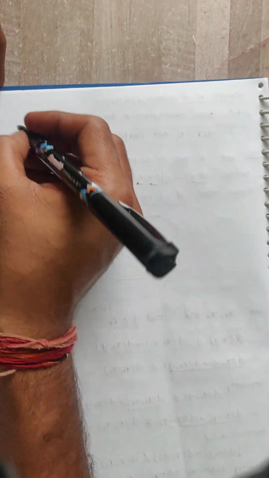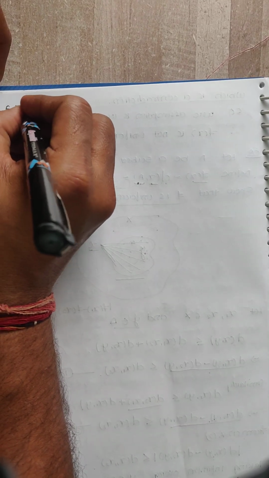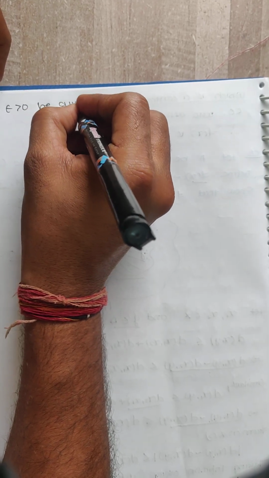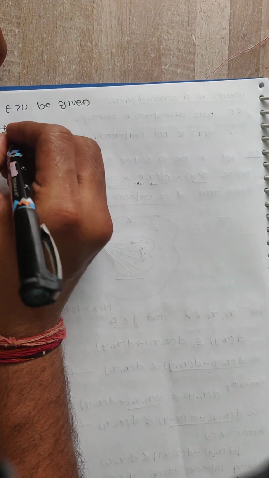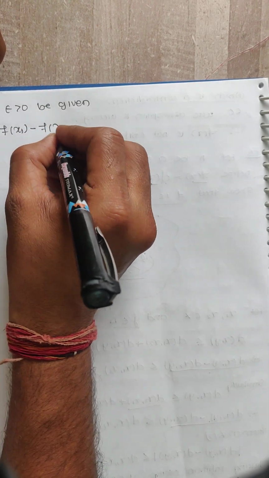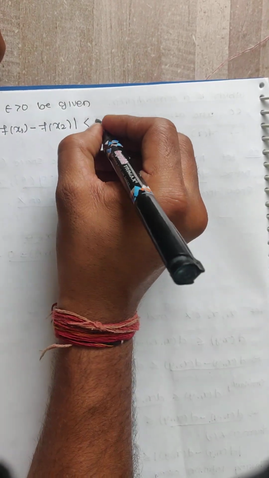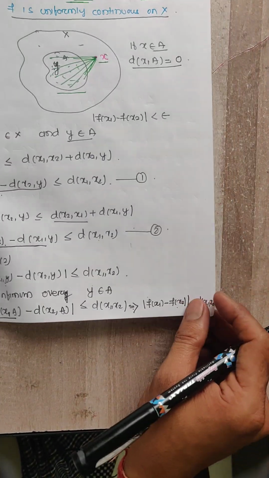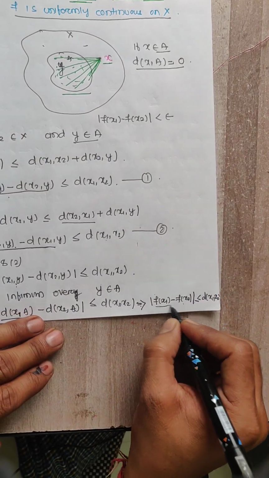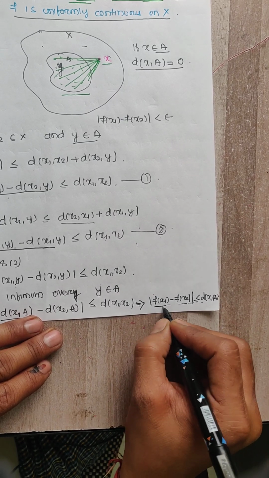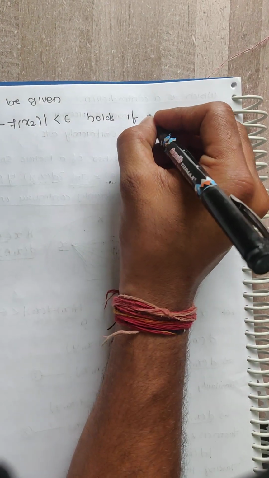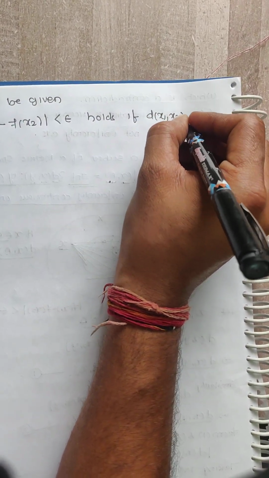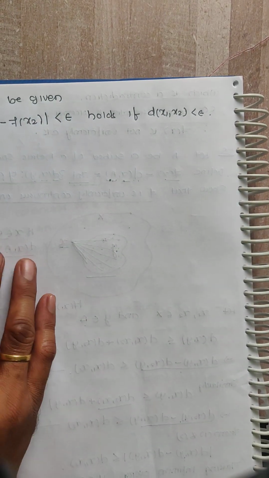Now the important thing: what's my aim? Let epsilon greater than 0 be given. My aim is to show that the distance between f of x1 and f of x2 is less than epsilon. This holds if the distance between x1 and x2 is less than epsilon.